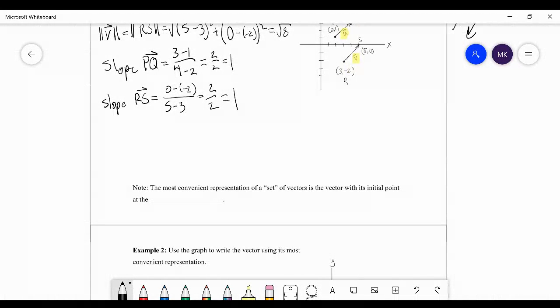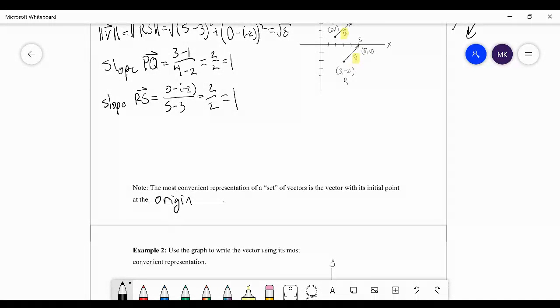Okay, now the most convenient representation of a set of vectors is the vector with its initial point at the origin. Okay, so if any vector that has the same magnitude and direction is equivalent, then we can take any vector and make its initial point the origin. That way we just have to represent it with the terminal point.